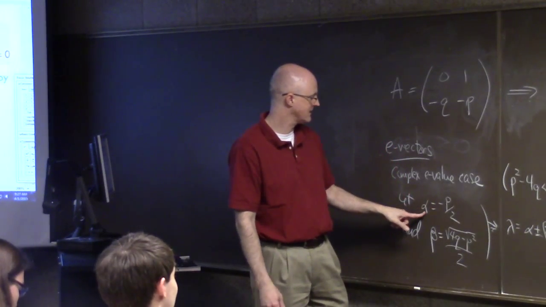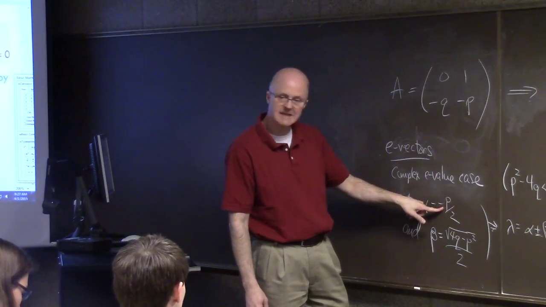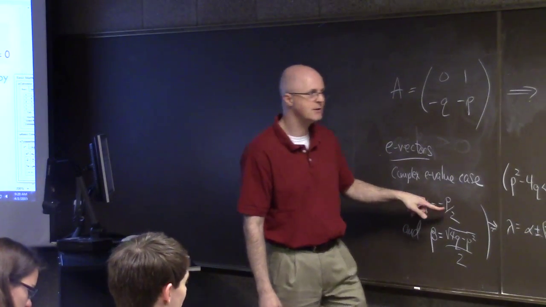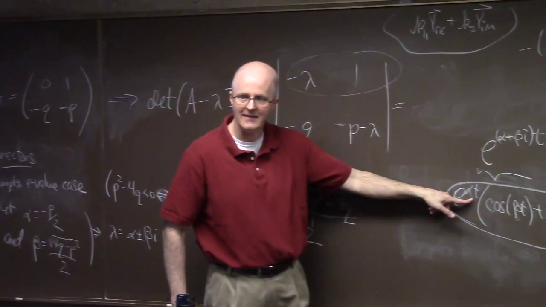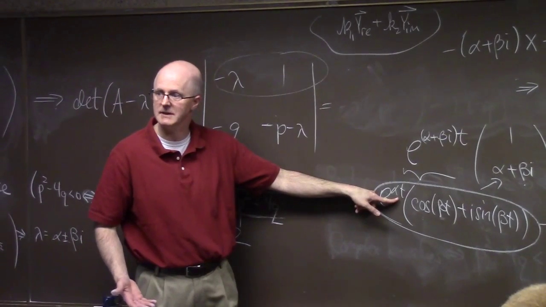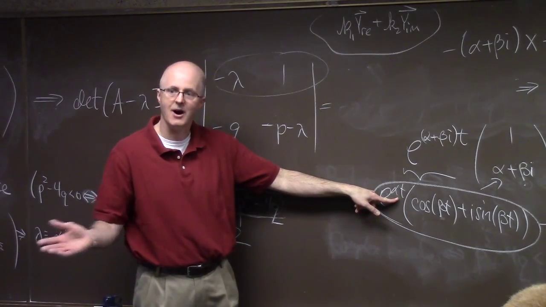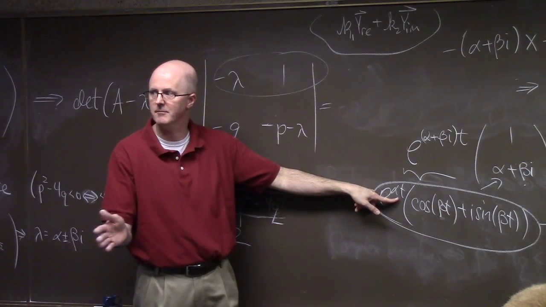The real part of the eigenvalues, alpha, is a negative number. So you get an exponential decay term here. And that's why the origin's a sink, which makes good intuitive sense because we've got a harmonic oscillator with damping. The oscillations have to get smaller and smaller over time.